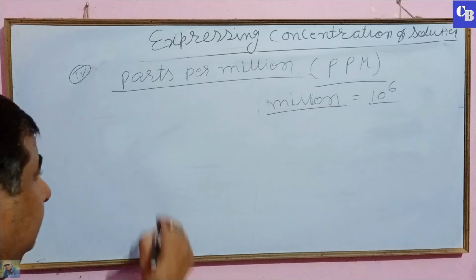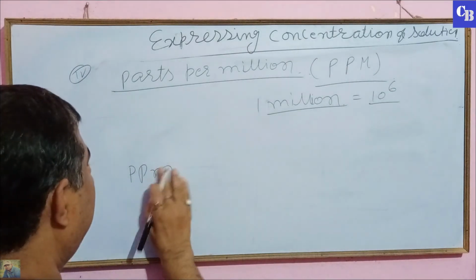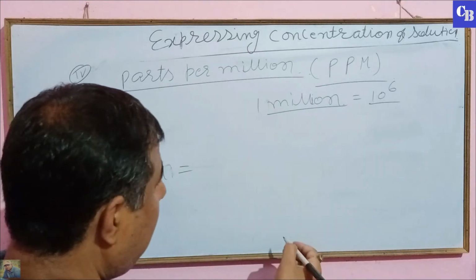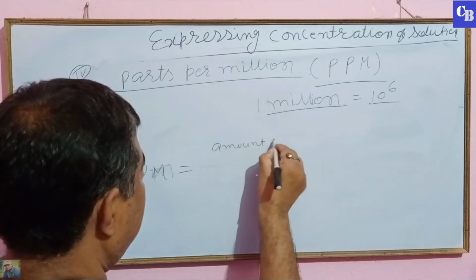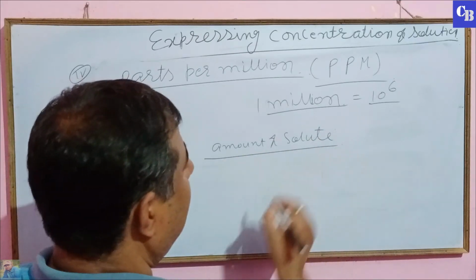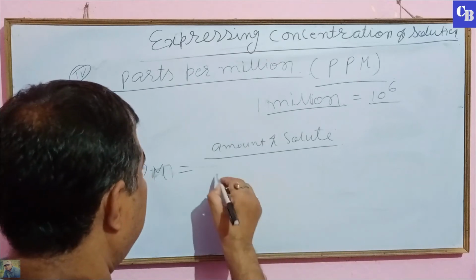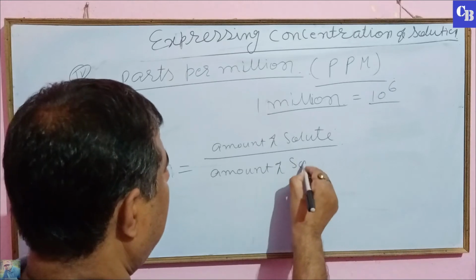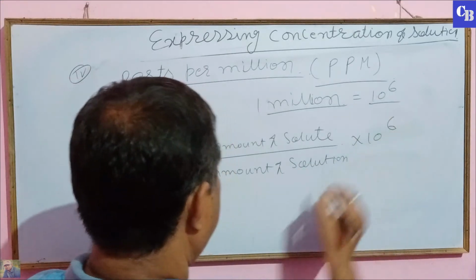So here parts per million, ppm, equals the amount of solute present in per million amount of solution, into 10 to the power 6.